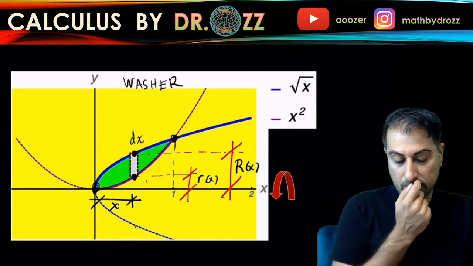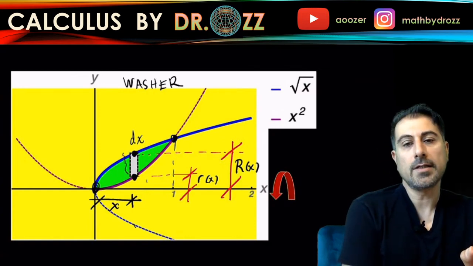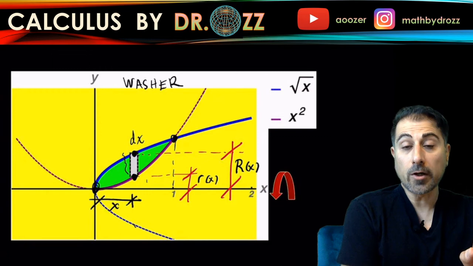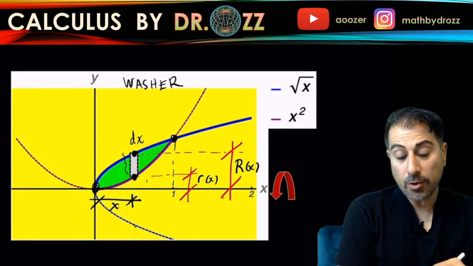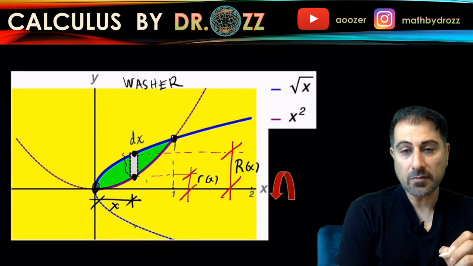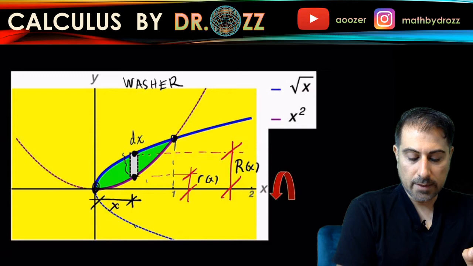What we need is the y-coordinate of the upper end here, because that's going to tell us what capital R is. And we're going to need the y-coordinate of the bottom part of the slice to say something about little r. But let's just write it down.